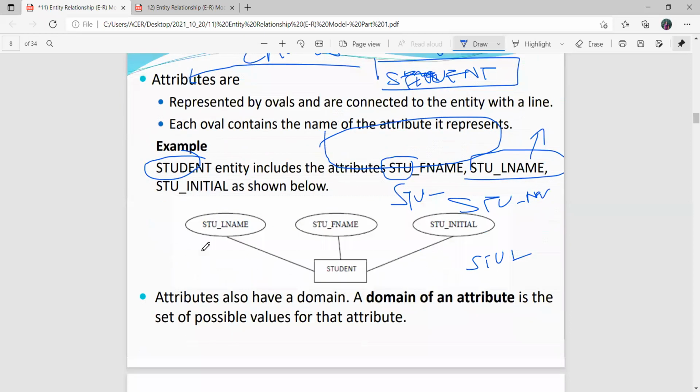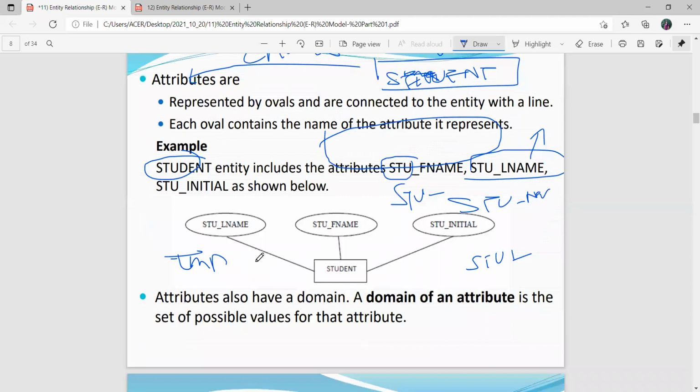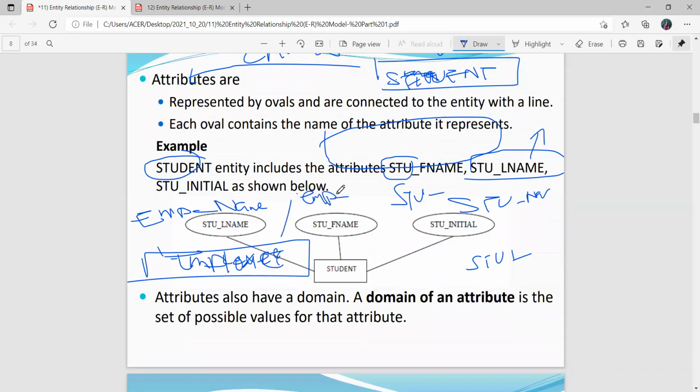As an example, take employee: we can use EMP as a prefix, then EMP name, EMP address, EMP ID, to represent the attributes of the employee entity.